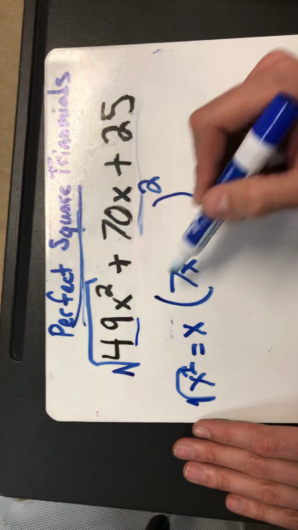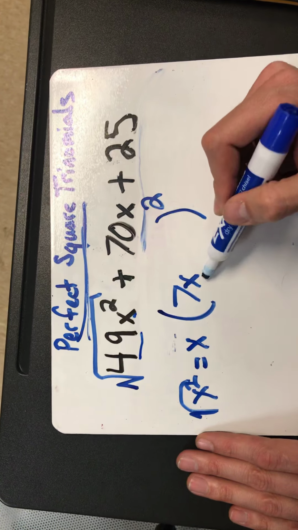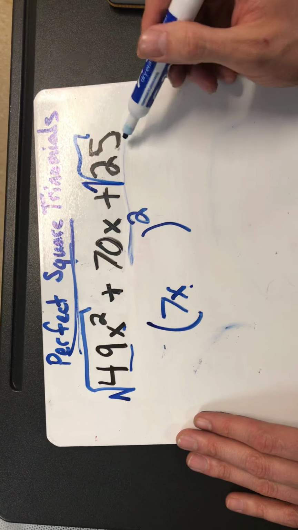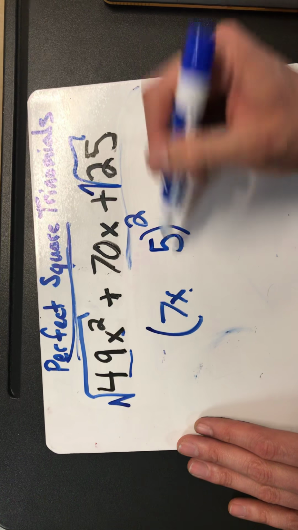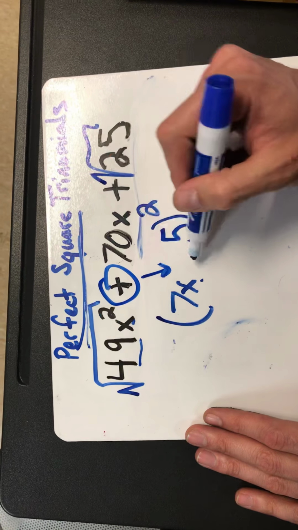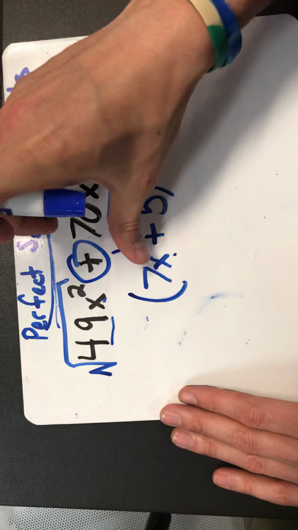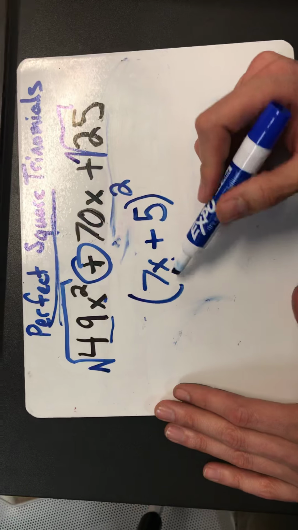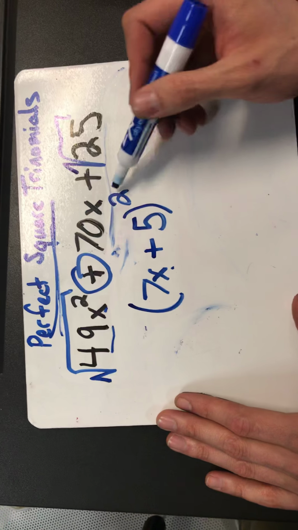So the square root of 49 is 7, and the square root of x squared is x. Then you take the square root of the last term, which is 5, and I put 5 here. In between them, I put the operation I see right here, which is a plus sign. So my factor is going to be (7x + 5) squared.